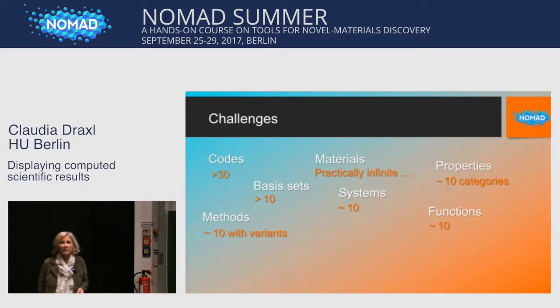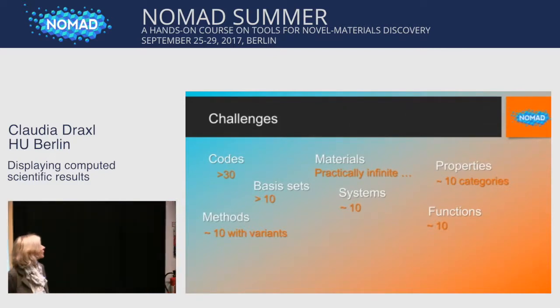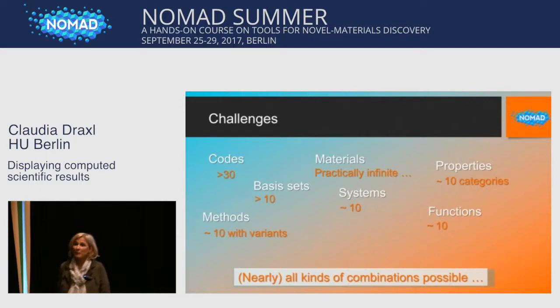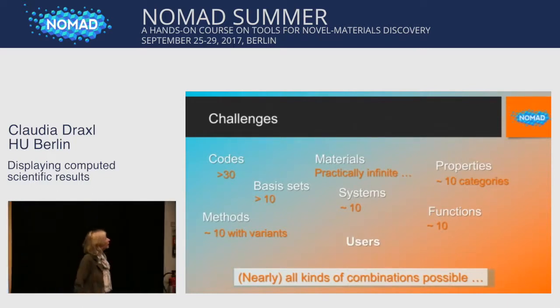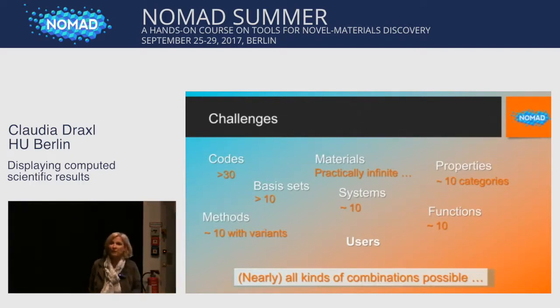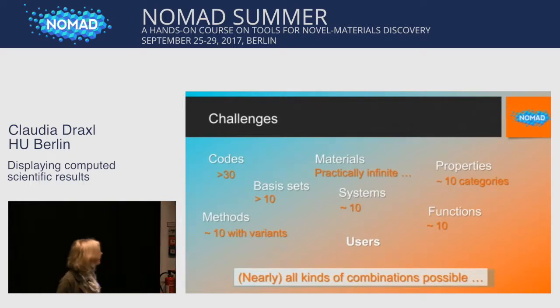Now, if you combine everything with everything, because you could compute several properties with different codes, with different basis sets for many materials, you have a space to explore which is tremendous. So nearly all kinds of combinations are basically possible. And then don't forget that we have users, and these users are those people to which this encyclopedia is aiming at.